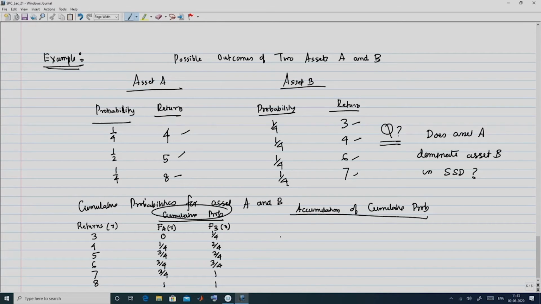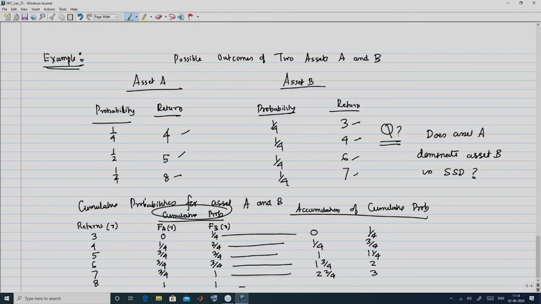The accumulations for A are going to be 0, 1/4, 1, 1 and 3/4, 2, 2, and 2 and a half, 3, 3.5 and 4.